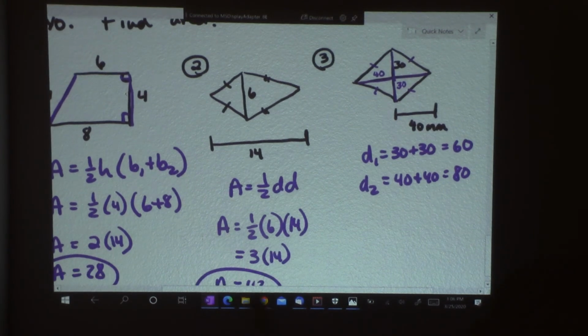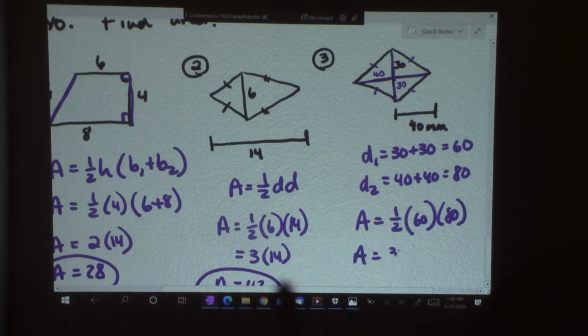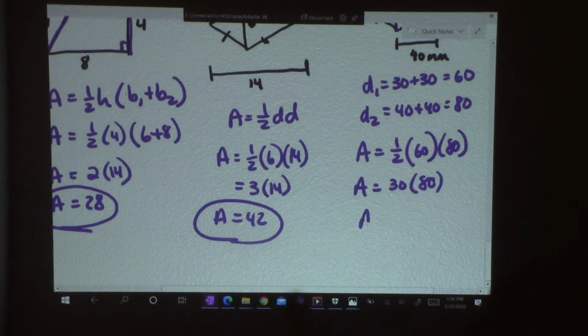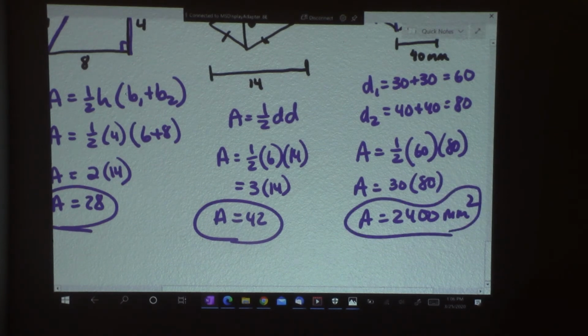All right. So my area is going to be 1/2 60 times 80. So half of 60 is 30, times 80 is 2,400 meters squared. And there's your answer and all of your work.